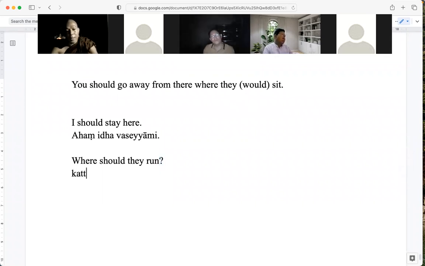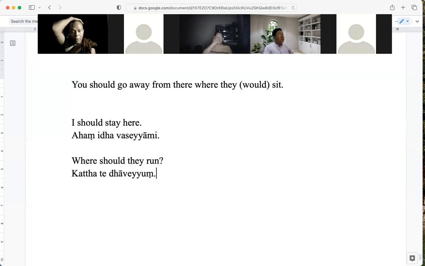That is kattha or kuhim. Okay. So because of they, so kattha, they, and it should. So they, because of they, we can tell it is plural. So a and should together should be eyyum. But run is dhava. So kattha te dhaveyyum. Okay. Kattha te dhaveyyum. Or kuhim te dhaveyyum. Anyone.